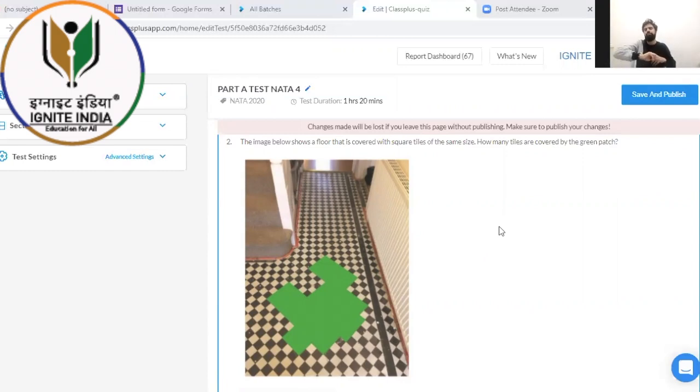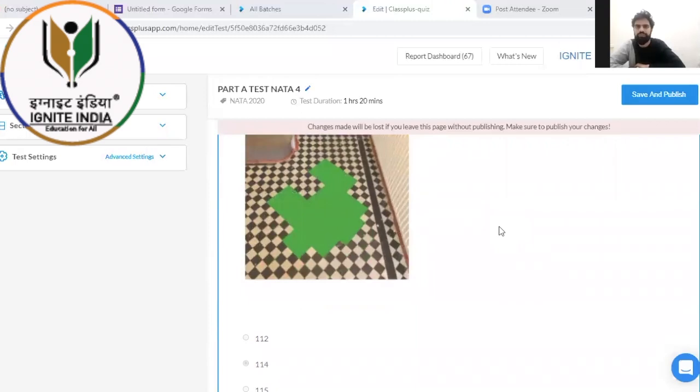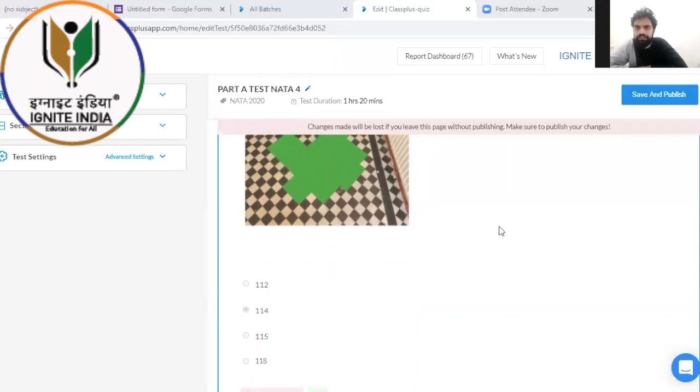Suppose the total number of tiles is 156, or 210, or 144, 122. Partially you will get marks for this question, and the answers are also mentioned here: 112, 114, 115. So whichever option you select in this question.